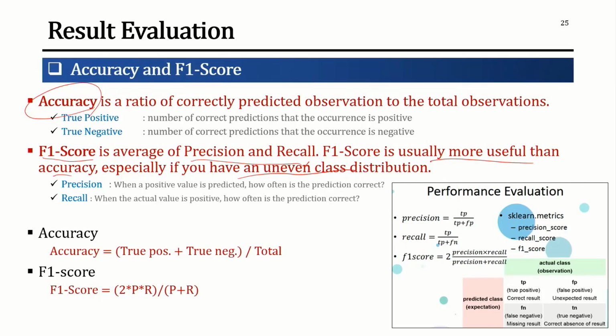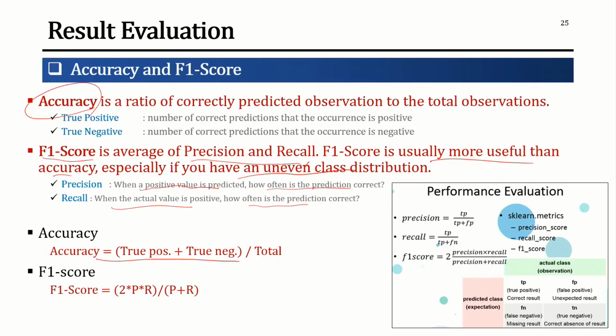So what are precision and recall? Precision asks: when a positive value is predicted, how often is the prediction correct? In recall, when the actual value is positive, we want to know how often the prediction is correct. So these are the formulas used for accuracy, precision, recall, and F1 score.